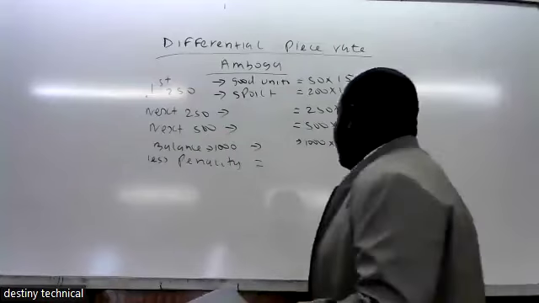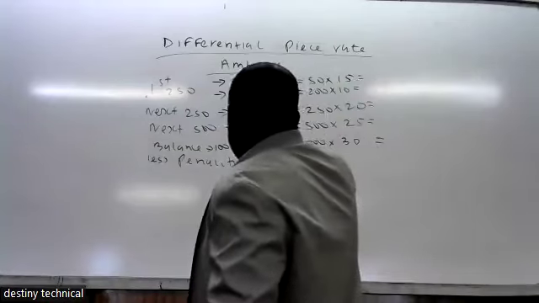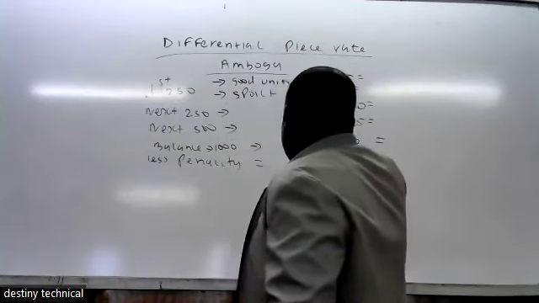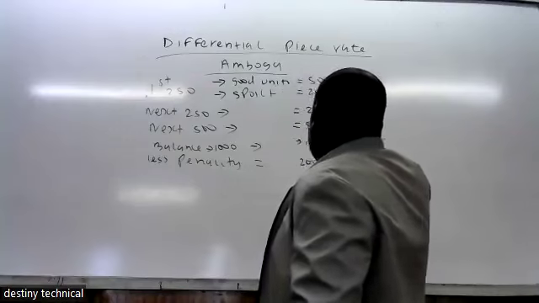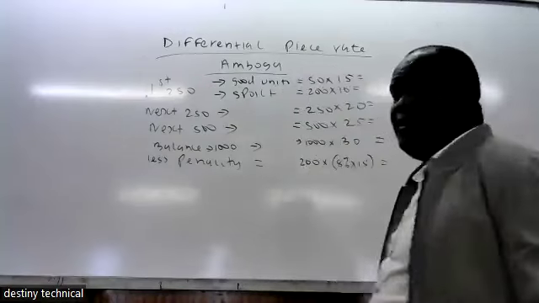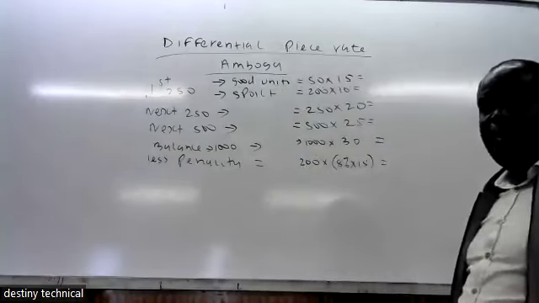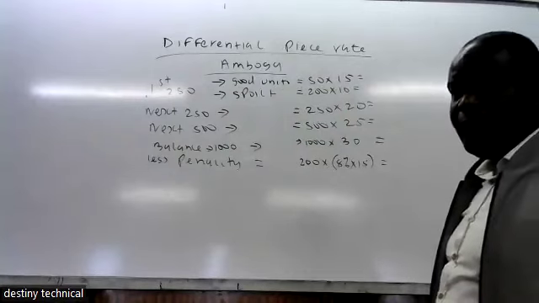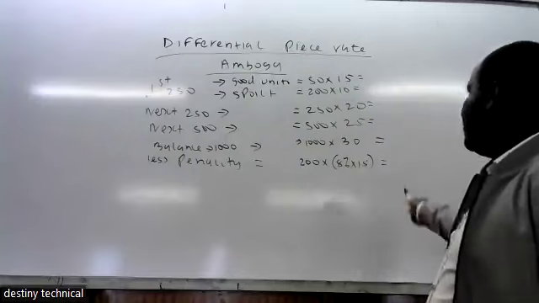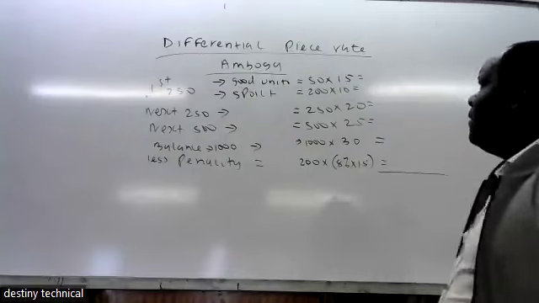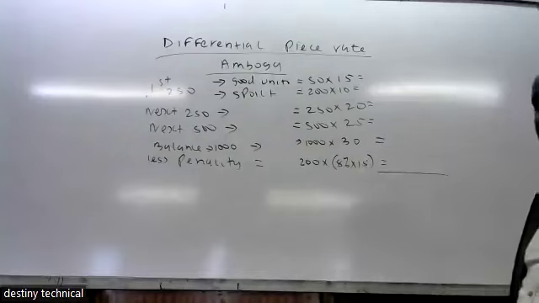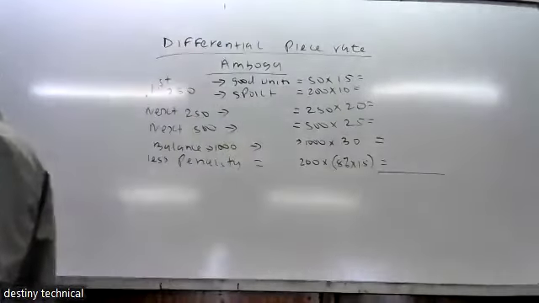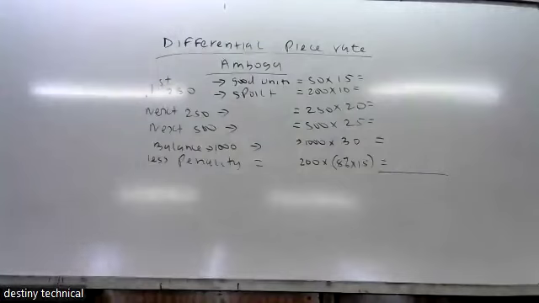The penalty is for the spoiled. So the spoiled were 200. So the penalty is 8% of 15 because it is 8% of the price of the good units for the first. So that now should be able to give you the figure for Abomo.